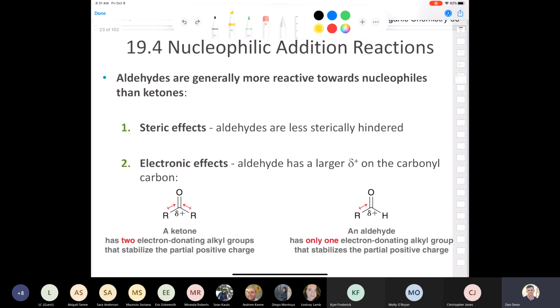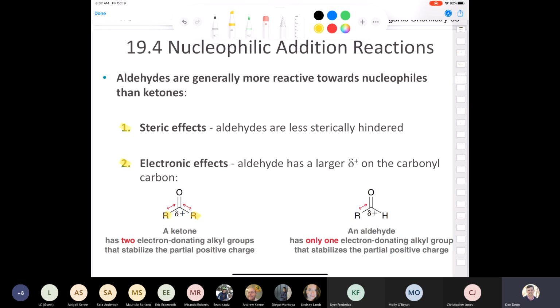Okay, well, that's one reason. Another rationale is based on electronic effects. Remember that alkyl R groups are electron donating through hyperconjugation. If I have two R groups in my ketone, both of those R groups are donating some electron density towards that partially positive carbon. What does that do? It renders that partial positive charge a lesser partial positive charge, which renders it less electrophilic.